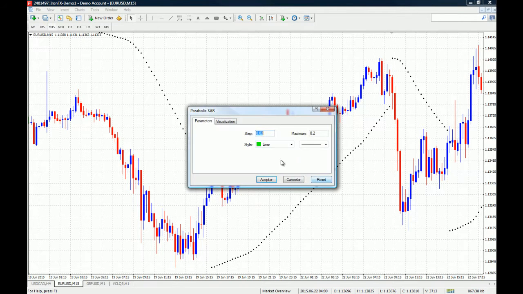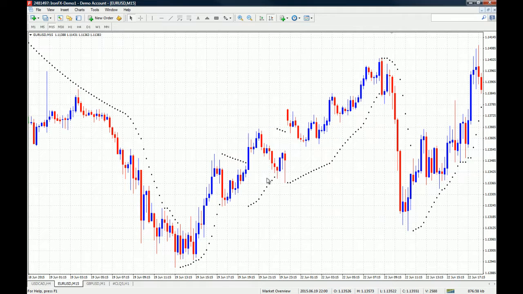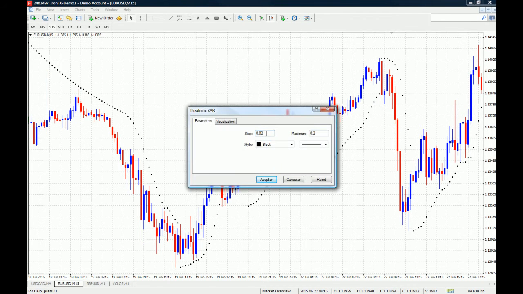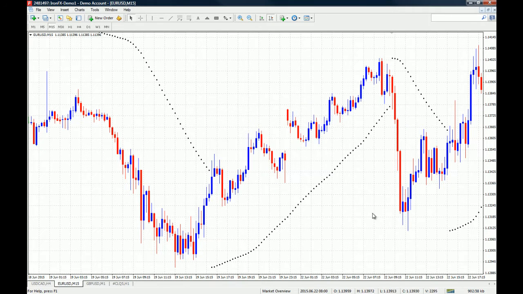Now let me show you, if we reset the parabolic SAR to its default parameters, you are going to get a very choppy parabolic SAR, and you are going to get a lot of false breakouts. So what you need to do is lower the step to 0.005, okay? And you're going to get this kind of parabolic SAR.